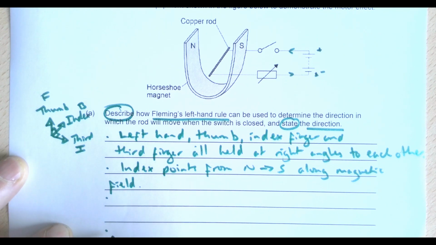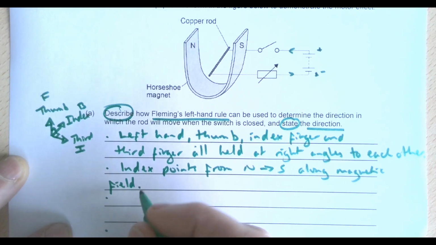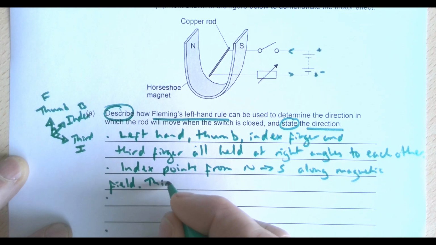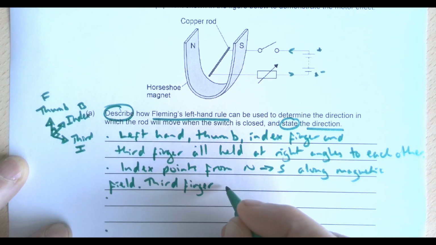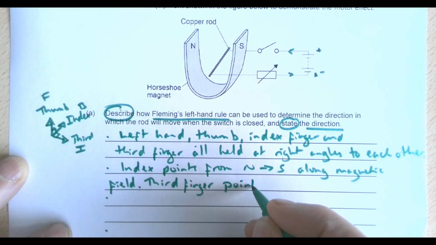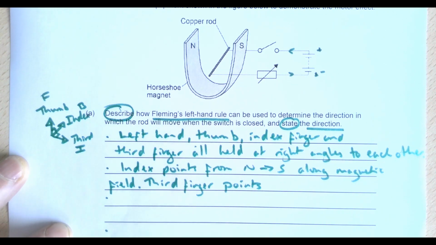That last bullet's going to be for the direction, so I'm going to say what else happens here. The second finger points in the direction of current.